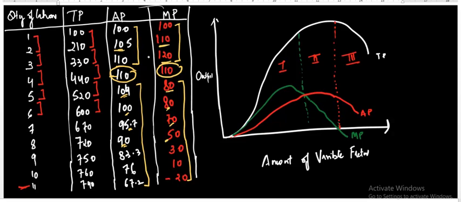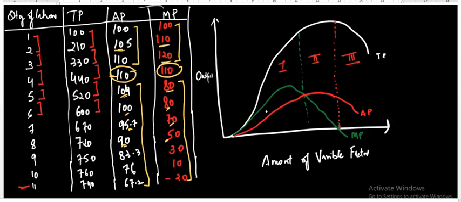When the average product is rising, marginal product is more than the average product. We can see it over here. When the average product is maximum, the marginal product is equal to the average product, and when the average product is falling, marginal product is less than the average product.